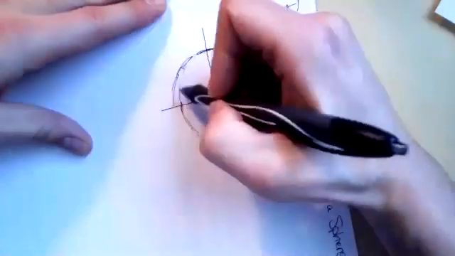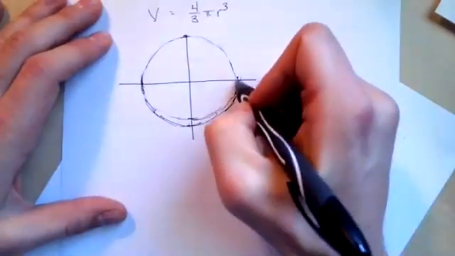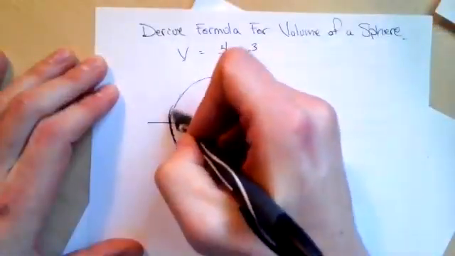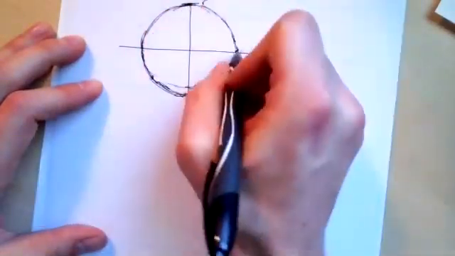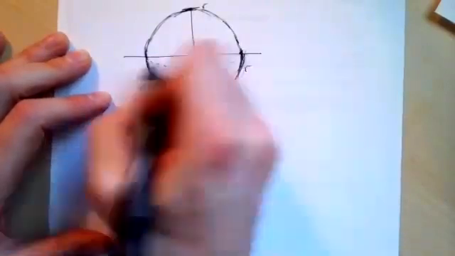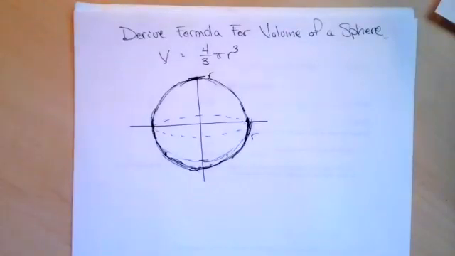Looks like this side needs to come down. Something like that. So here's our sphere. We know it's a radius r. We'll draw some guides there.